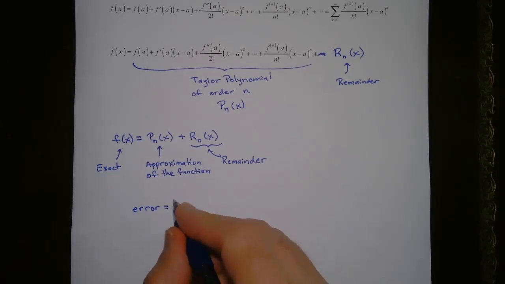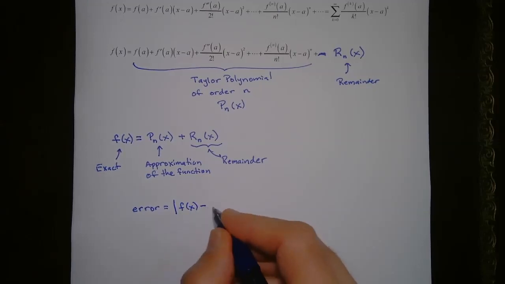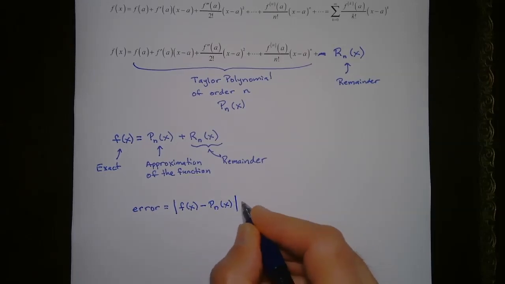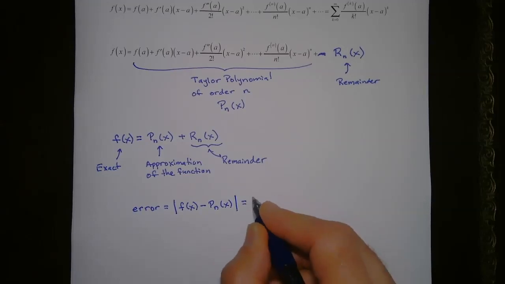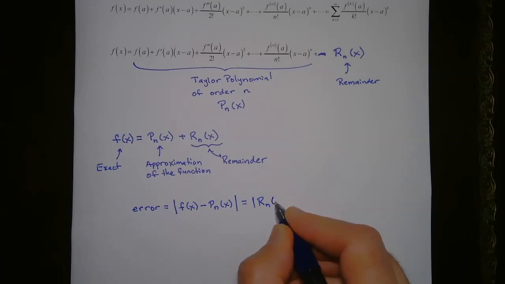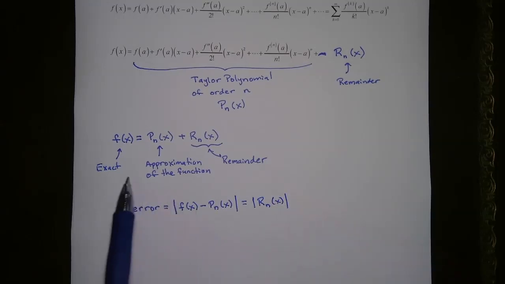So we'd say the absolute value of f of x minus the Taylor polynomial of order n at x equals the absolute value of r sub n of x. Really all it is is the error, and error is how far off you are, so it's got to be positive. That's why we're using the absolute value.